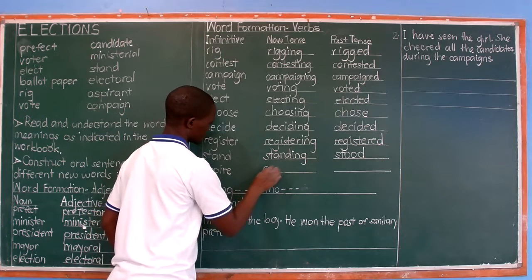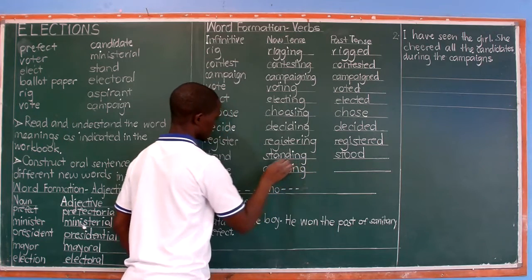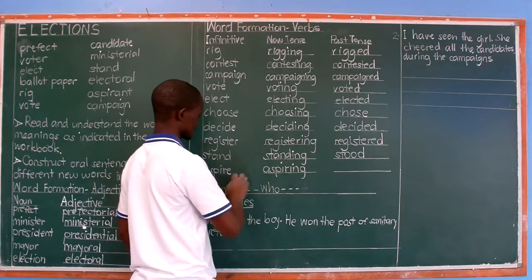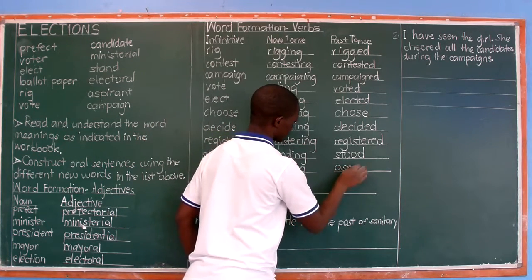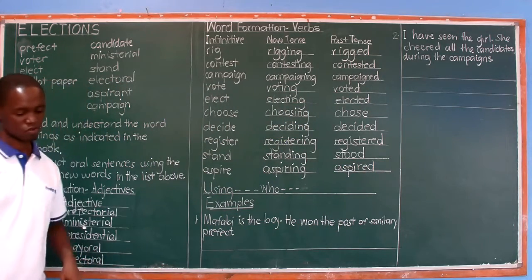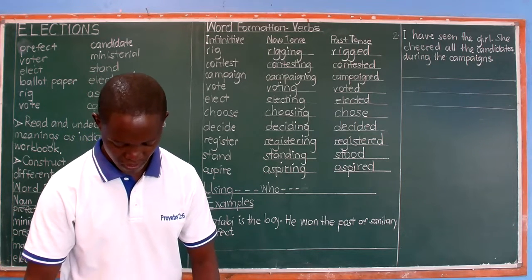Aspiring. And lastly, the final word in the list now. Aspired is the past tense of aspire. So that's why you're supposed to complete that table on page 46.